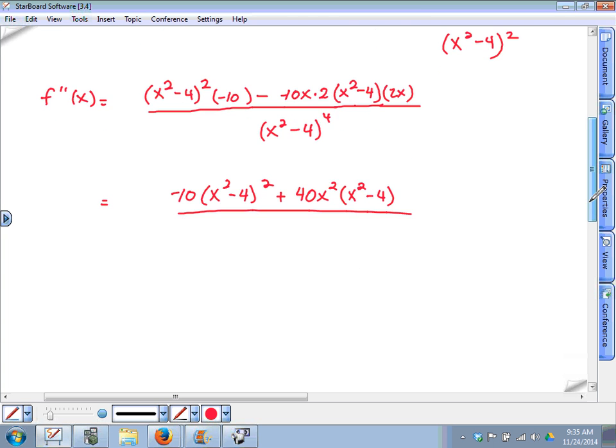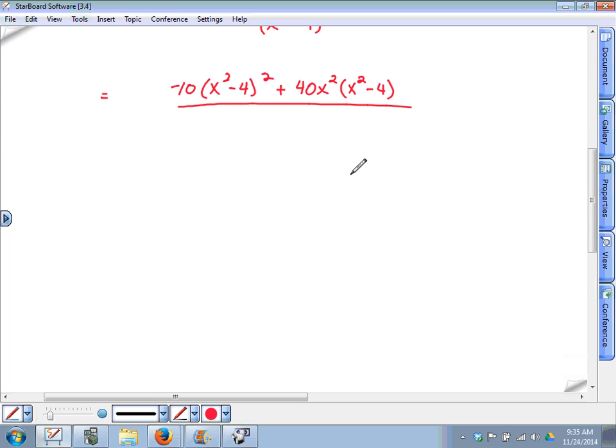Hold on, negative 10 x squared. So now you can take out a negative 10 x squared minus 4, times x squared minus 4 minus 4x squared.